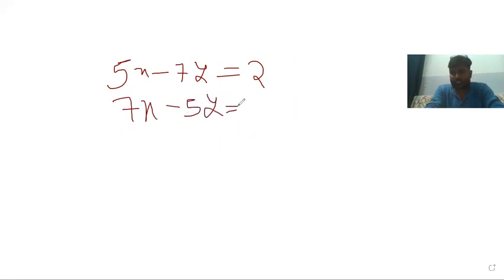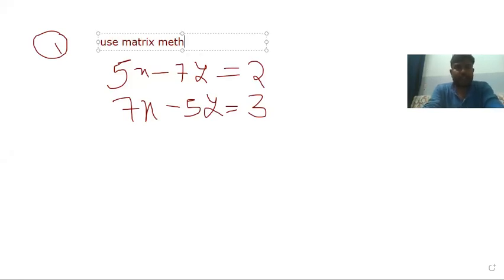This question is given and it says: use the matrix method to solve the following system of equations.